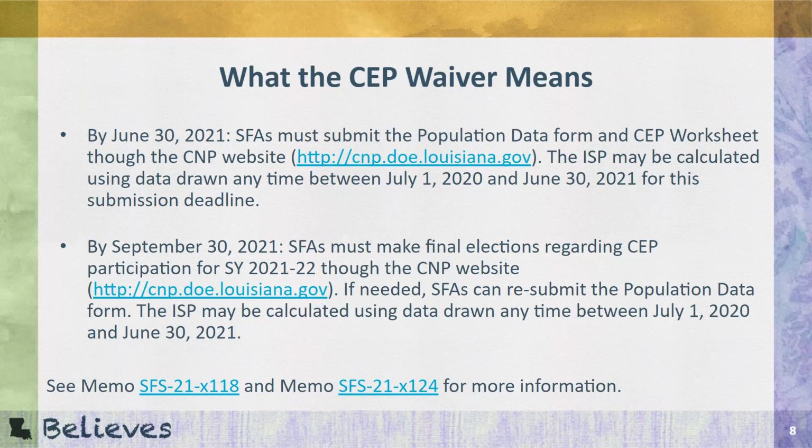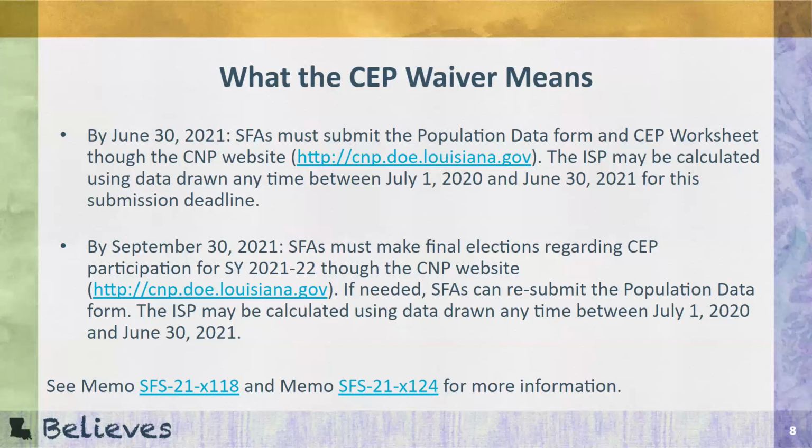By September 30th, 2021, SFAs must make the final election regarding CEP participation for school year 21-22. If you need to, at that point in time, you can also resubmit the population data form, and that information would still need to include data that is drawn from any time between July 1st and June 30th, but it is possible for you to resubmit that population data anytime before September 30th.